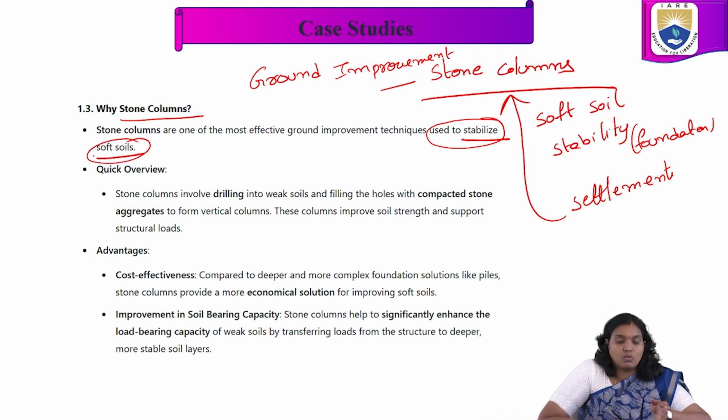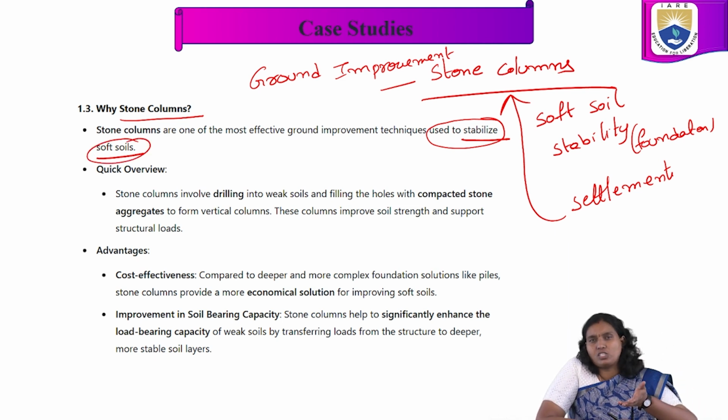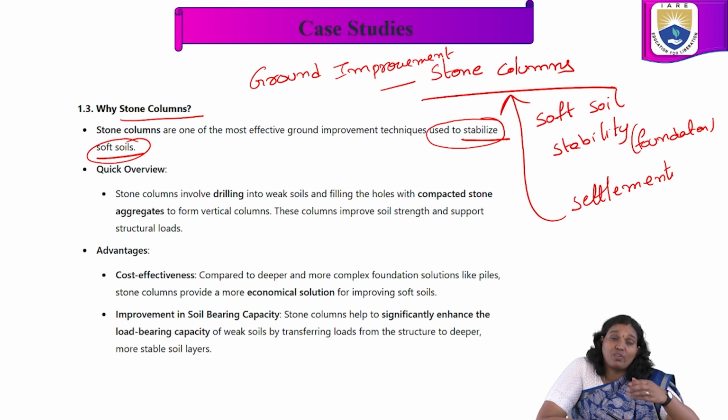In previous lectures we already saw how stone columns work, the principle involved, the various situations where we use them, how they are effectively implemented, and their advantages. Now a quick overview.